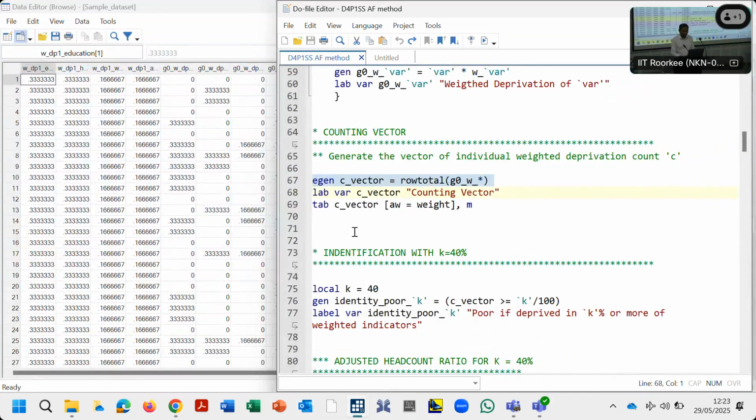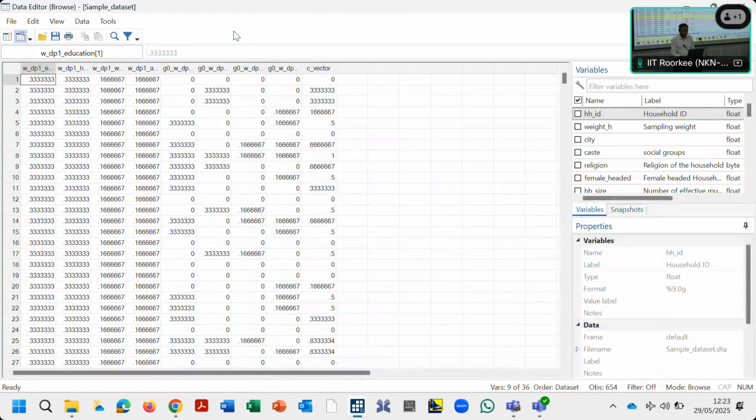If I come here and run this line 67, there you go, I get the C vector. So it is summing these weighted deprivations.